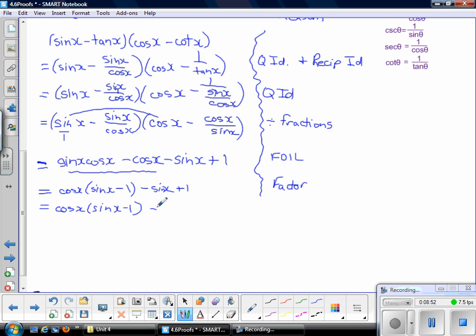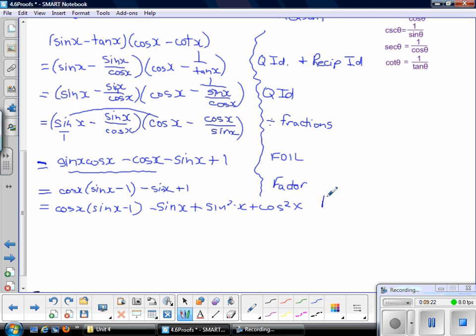So that would be the same as sine x plus sine squared x plus cos squared x.